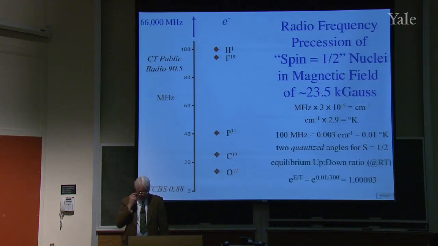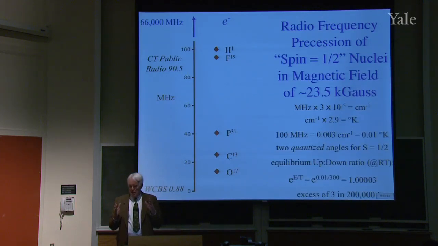Okay, so the equilibrium ratio of the up to down is 1.00003. So that means that if you have 200,000 nuclei, right? There are 3 more pointing up in the favorable direction than pointing down.